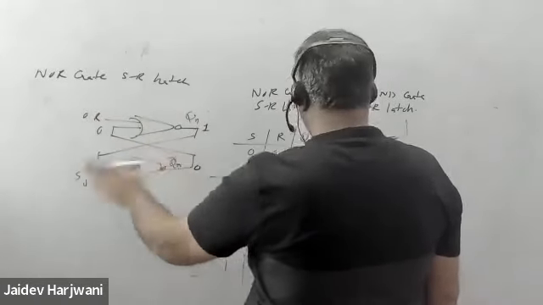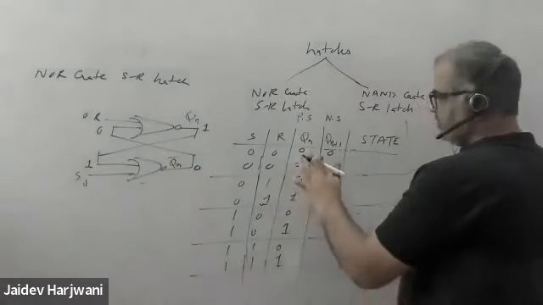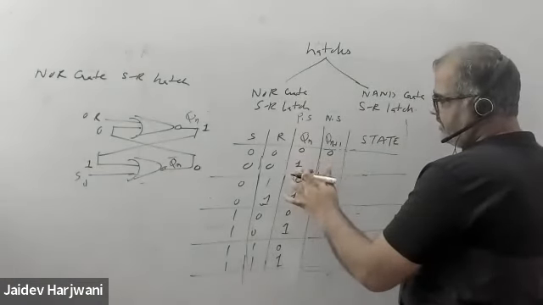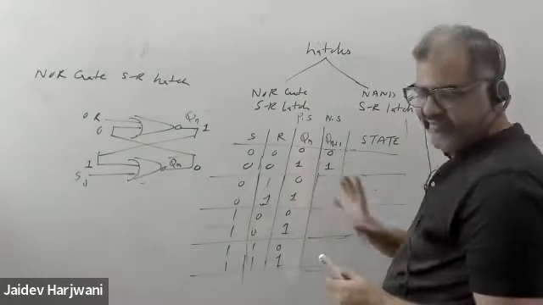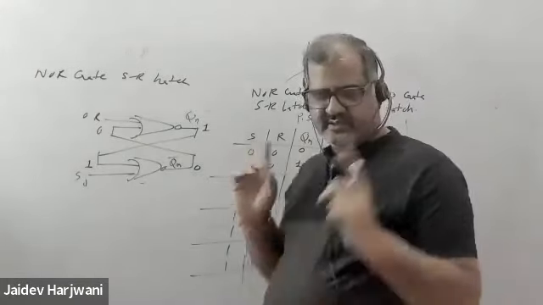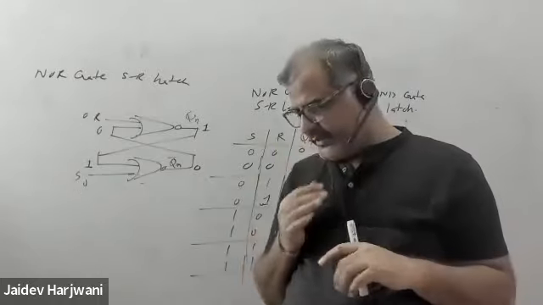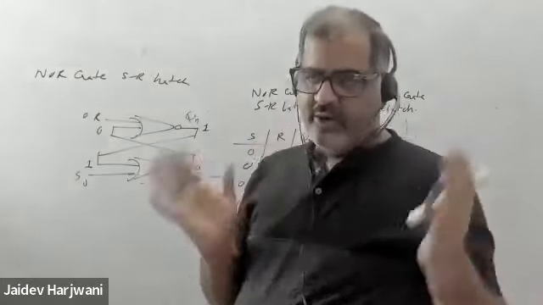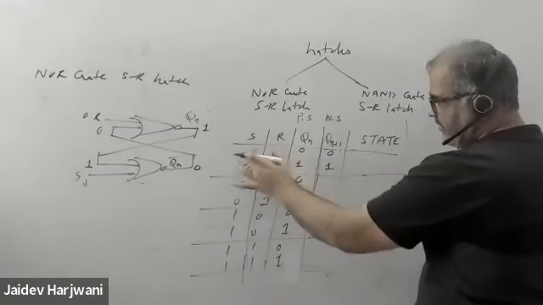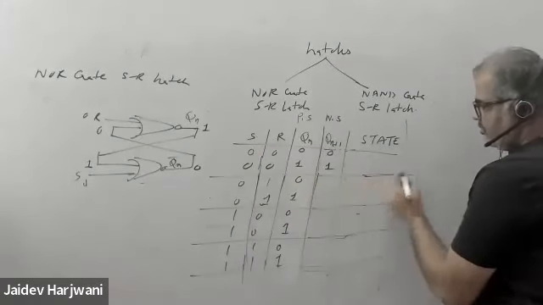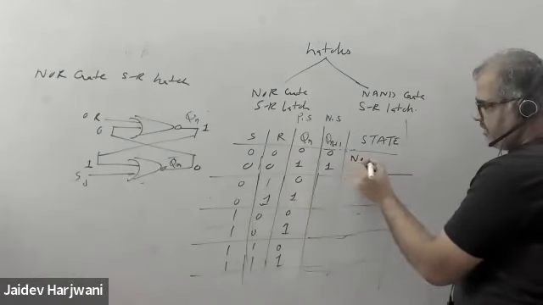So again there is no change. If it is 0, it remains 0; if it is 1, it remains 1. That means the variables 0 0, both low values, are not changing the state of the flip flop. This kind of situation is called the no change state.